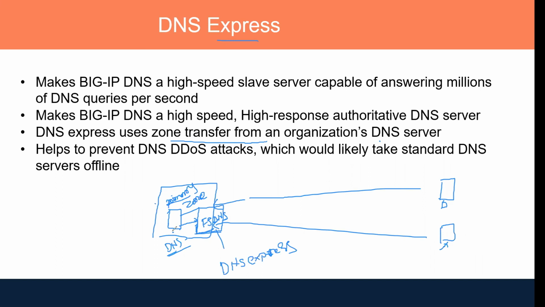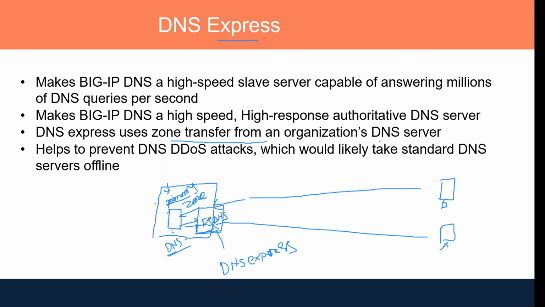The query would never go to your primary DNS server, and in that case your primary DNS server would always be protected. Whenever you want to make a new entry, let's say you want to add the NetMinion.org website as a new entry, you would make that entry on the primary, and that file would sync with the F5 DNS.